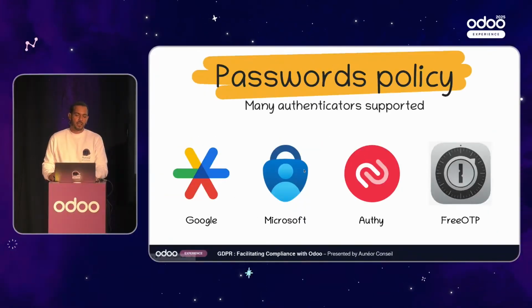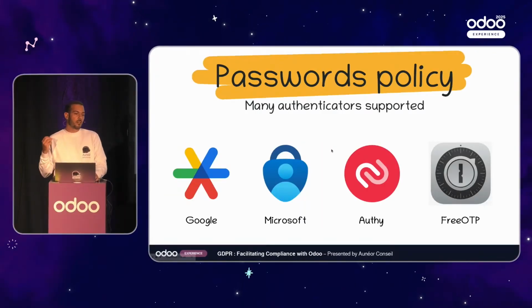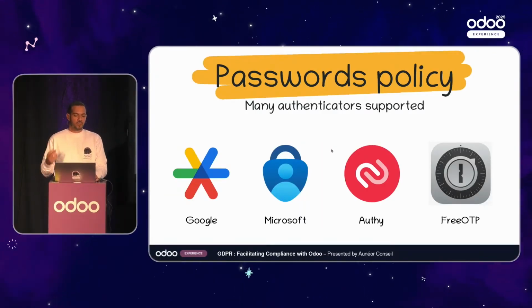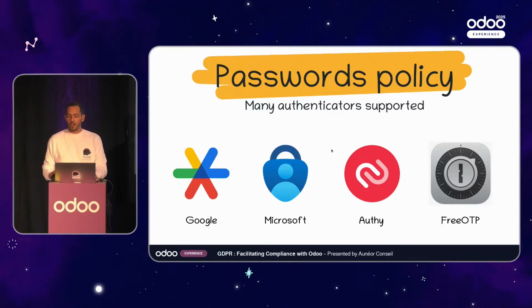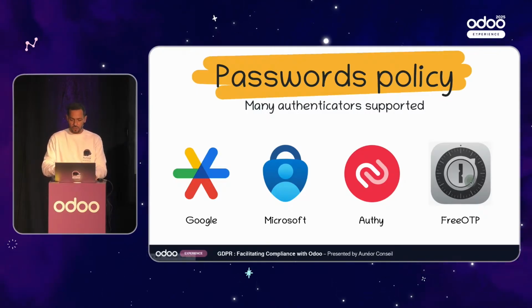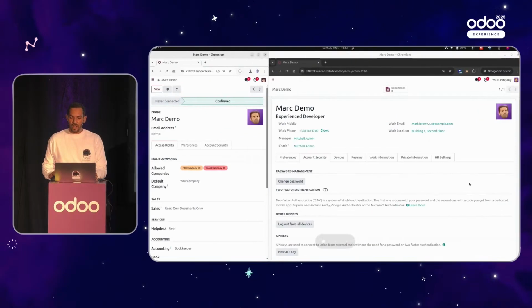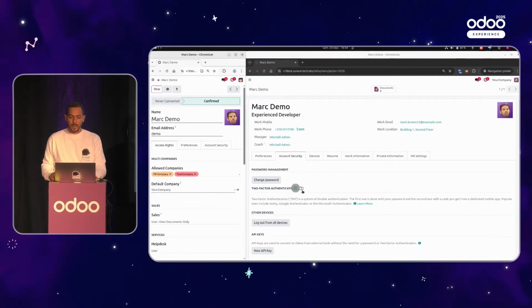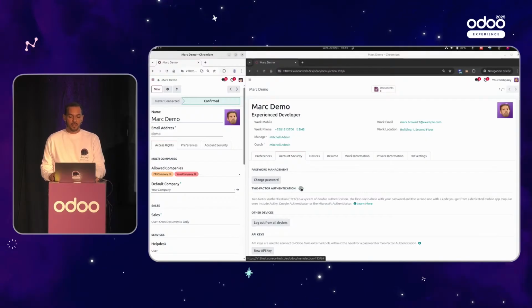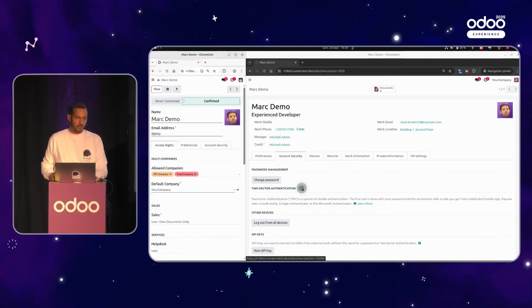Two-factor authentication in Odoo is already compatible with a lot of solutions: Google Authenticator, Microsoft, Authy, or even open source solutions. To do this, you just have to go on the user profile, for example here, and activate this option, two-factor authentication.